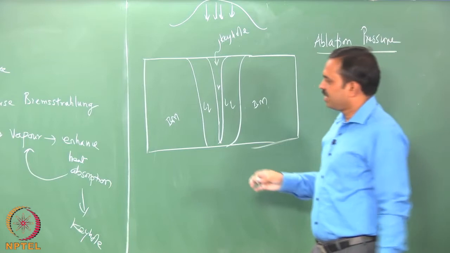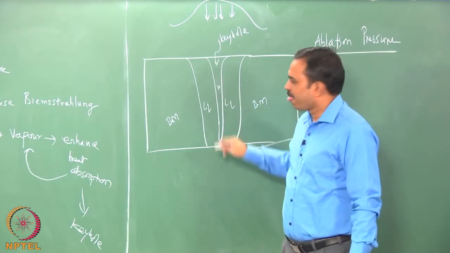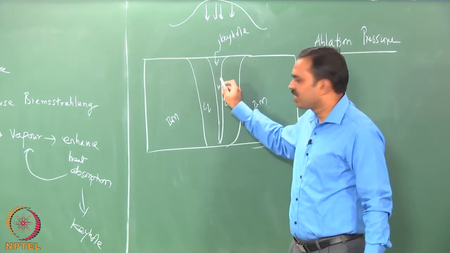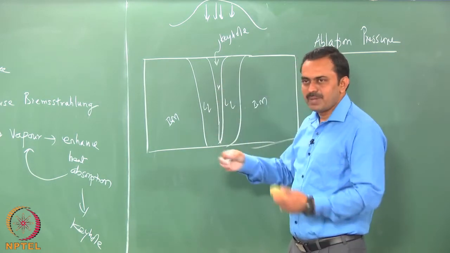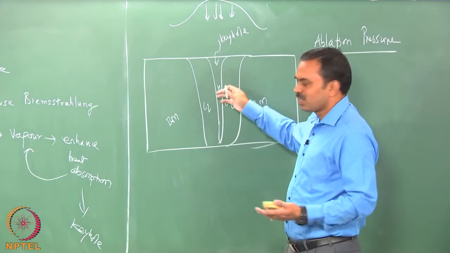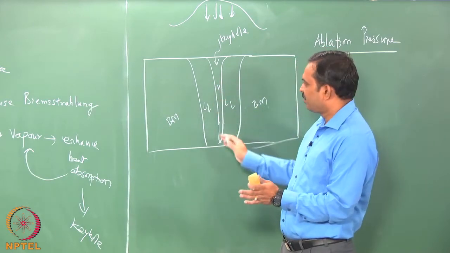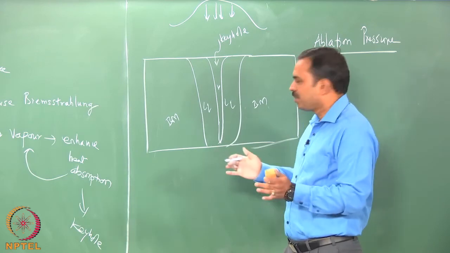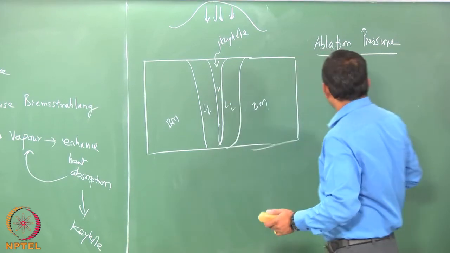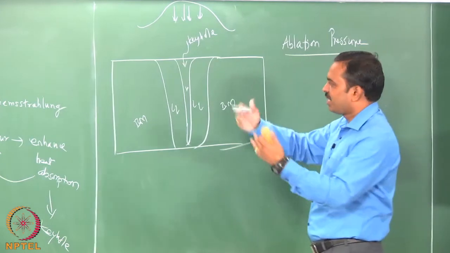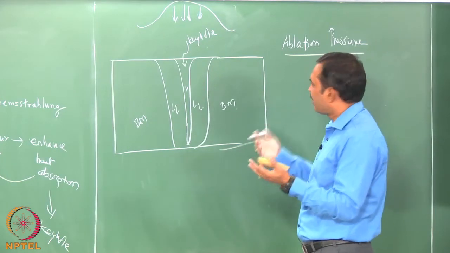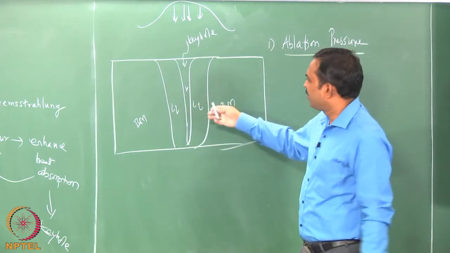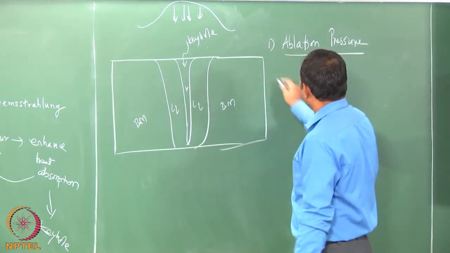What we mean by ablation pressure is that whenever evaporation is happening, atoms leave the liquid surface into the vapor column, and when they are leaving, they act with a reverse pressure called ablation pressure, and that is what is trying to open up the hole. Okay. So, ablation pressure is caused by the evaporation flux. The more evaporation is happening, the more the ablation pressure. So, that is one pressure that is going to happen in the vapor column.